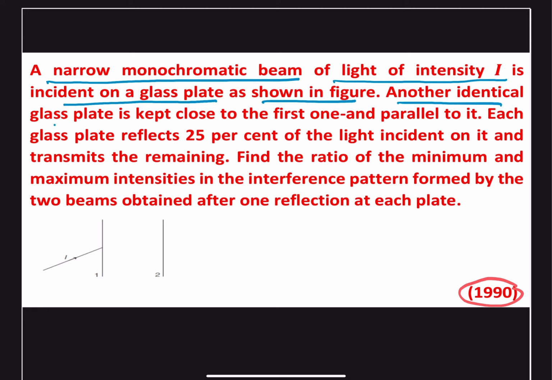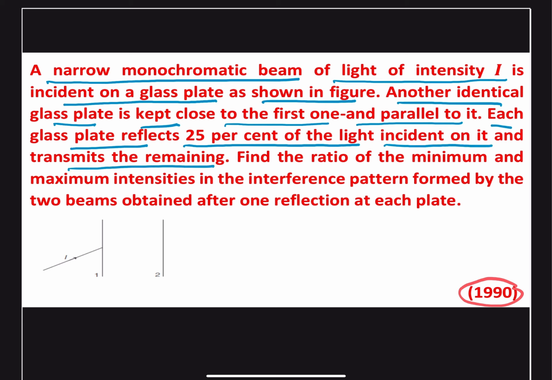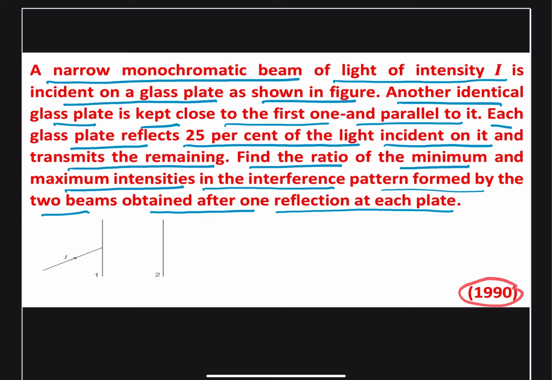Another identical glass plate is kept close to the first one and parallel to it. Each glass plate reflects 25% of the light incident on it and transmits the remaining. Find the ratio of the minimum and the maximum intensities in the interference pattern found by the two beams obtained after one reflection at each plate.